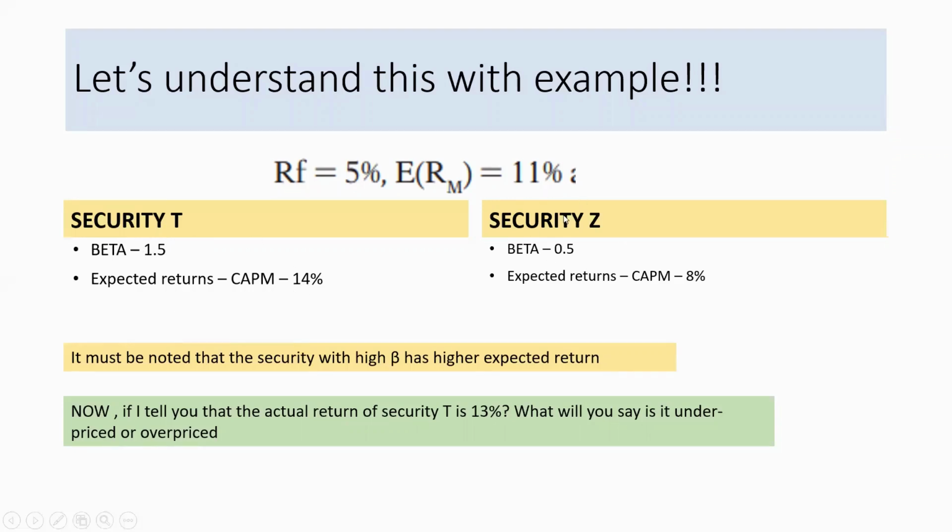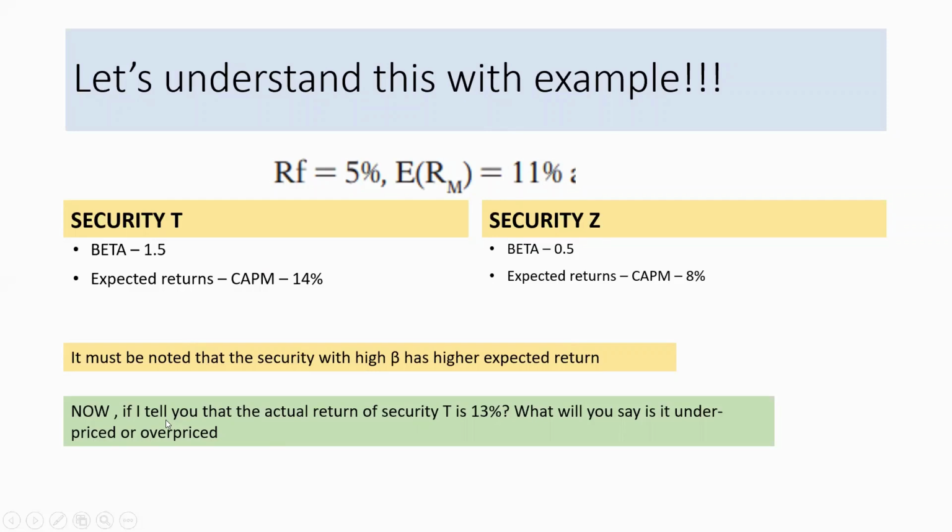Now you invest in a kind of security where the systematic risk is low, that is beta is 0.5, so your premium would be multiplied by 0.5, and this would come out to be 8%. So the less systematic risk you take, the lesser the returns you get. It must be noted that the security with high beta has the higher expected return as proved above.